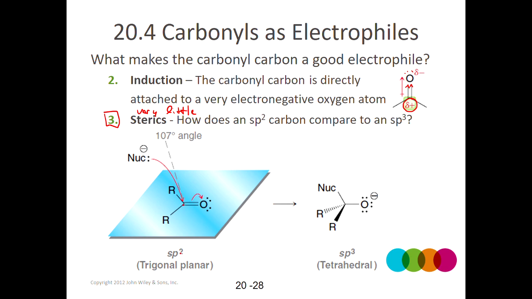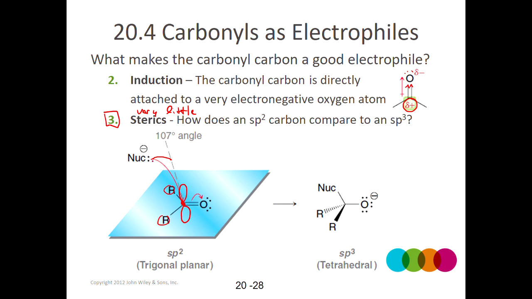Because it's sp2 hybridized, that means it's flat, and the R groups are in this plane, but the nucleophile is going to come in and overlap with this p orbital that's perpendicular to the plane. So the trajectory of the nucleophile to attack this carbonyl carbon as an electrophilic site means that the nucleophile is going to come in almost 90 degrees, almost in a totally different plane from where all the sterics would be, in the plane of the structure.